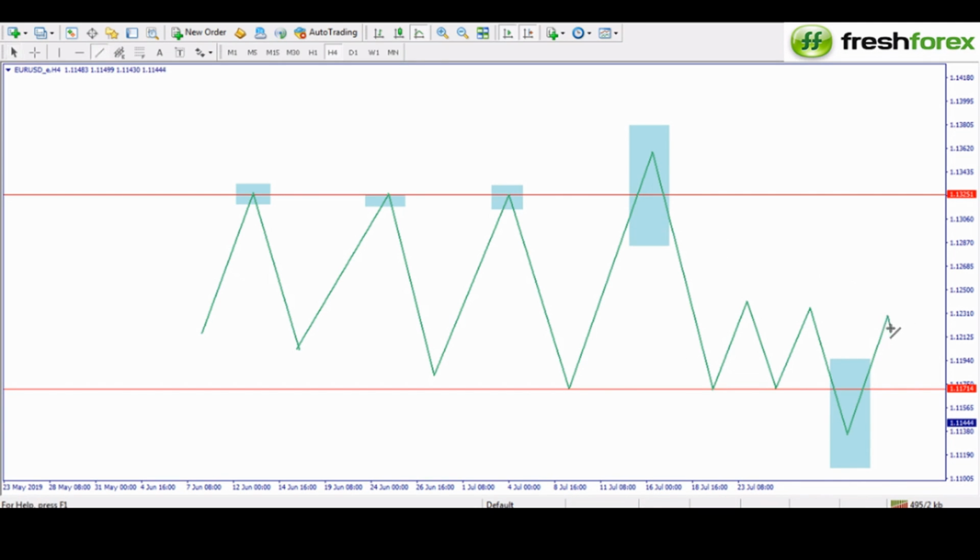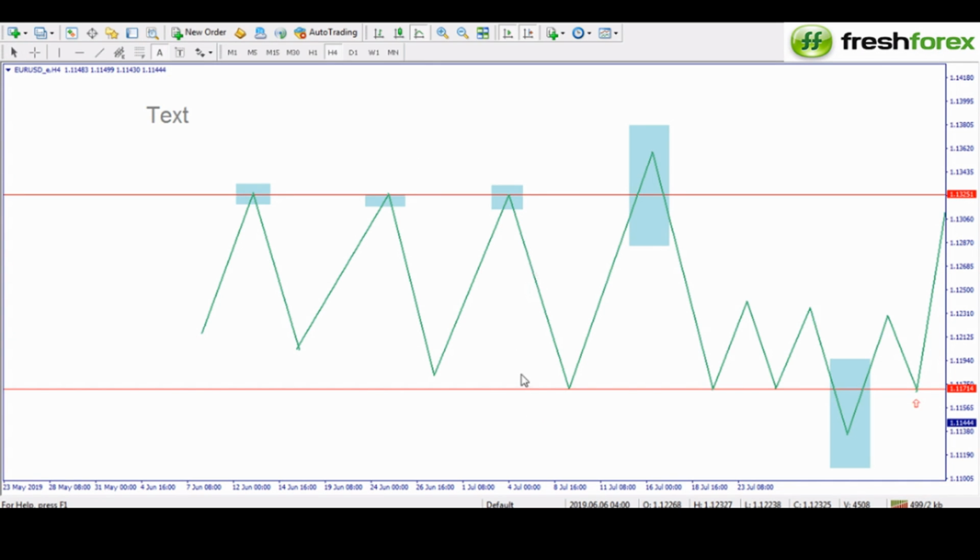So that means we'd wait for price to get back again like this so that we can buy it from that point. This is always the safest place to buy from. If you want to trade correctly, always buy after the false breakout.